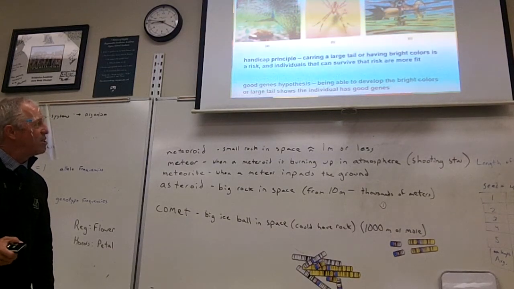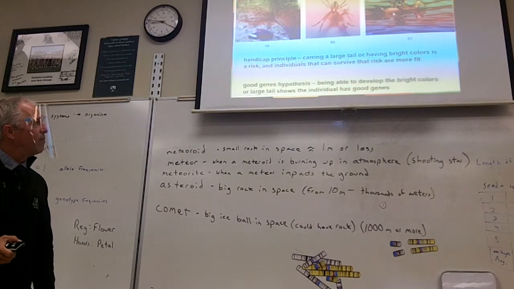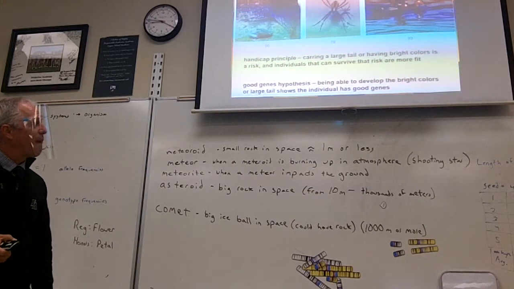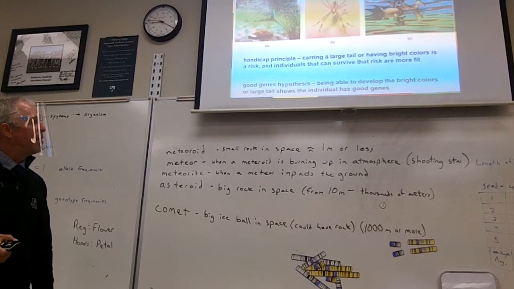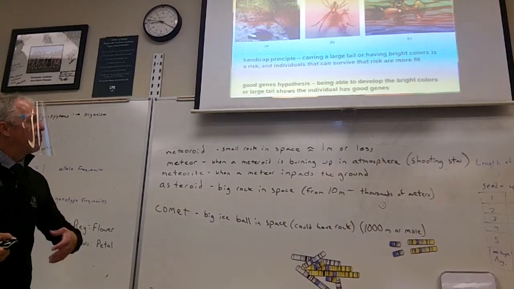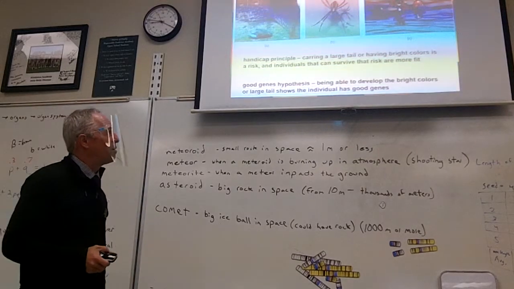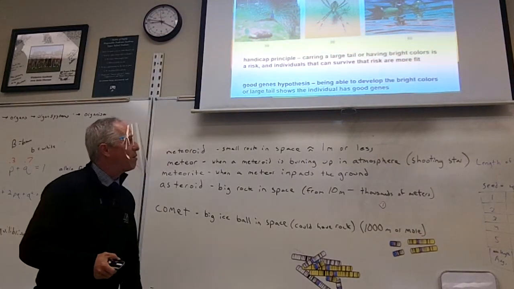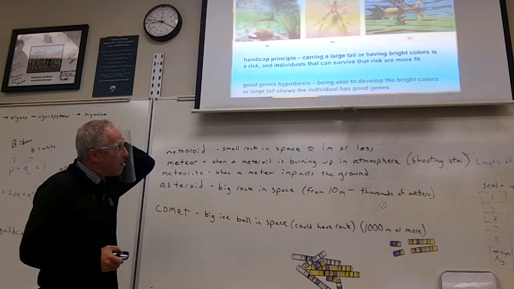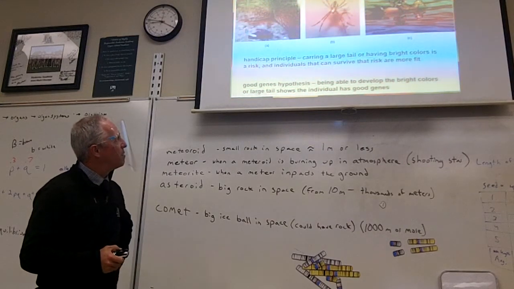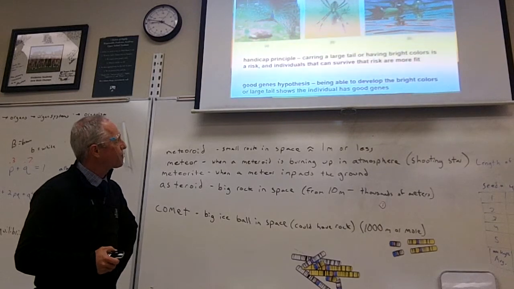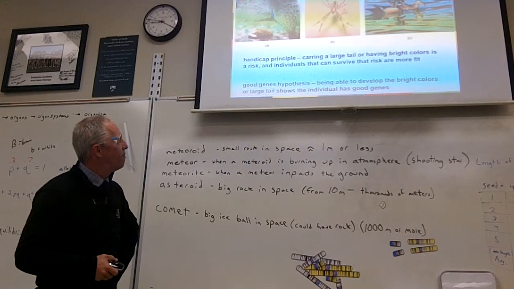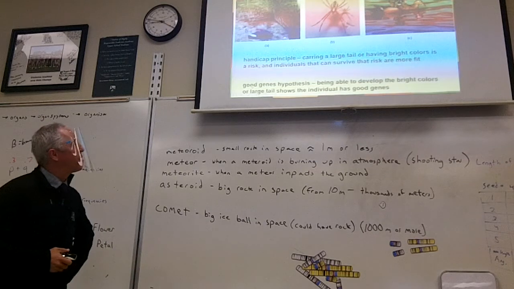But here's these ducks. They're very colorful. You know, you have to have good genes to be able to get feathers that are this colorful and to survive, eat, and grow. This is a spider with all these colorful stripes on them. And so we call that the good genes hypothesis.